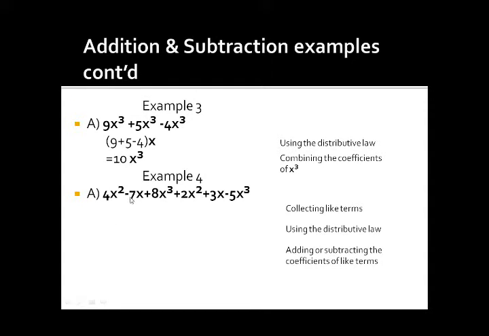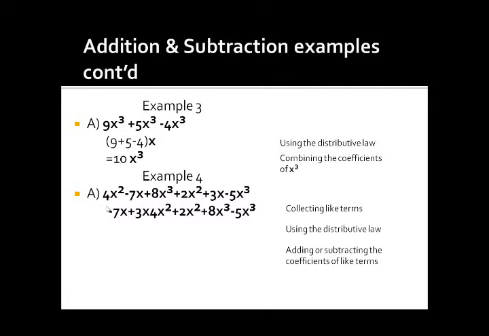Then this is 7x, so this is of x. Find the next x which is here, mark it out. Then finally 8x cubed, find the next one with x cubed in it, mark it out and group them together.